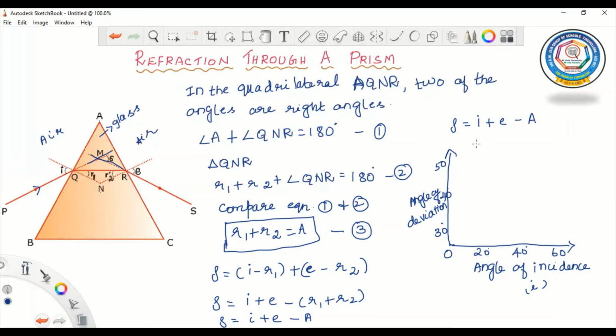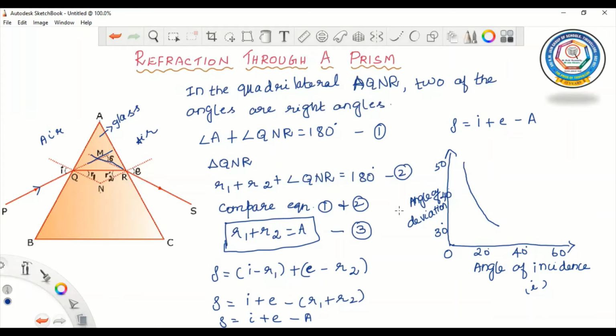So we can see one thing very clearly here, children. For the light of a given color, as the angle of incidence increased, the deviation produced decreases. Okay, so we are going to increase the angle of incidence, but we can see that the angle of deviation will be reduced, and it will reach a certain minimum value.